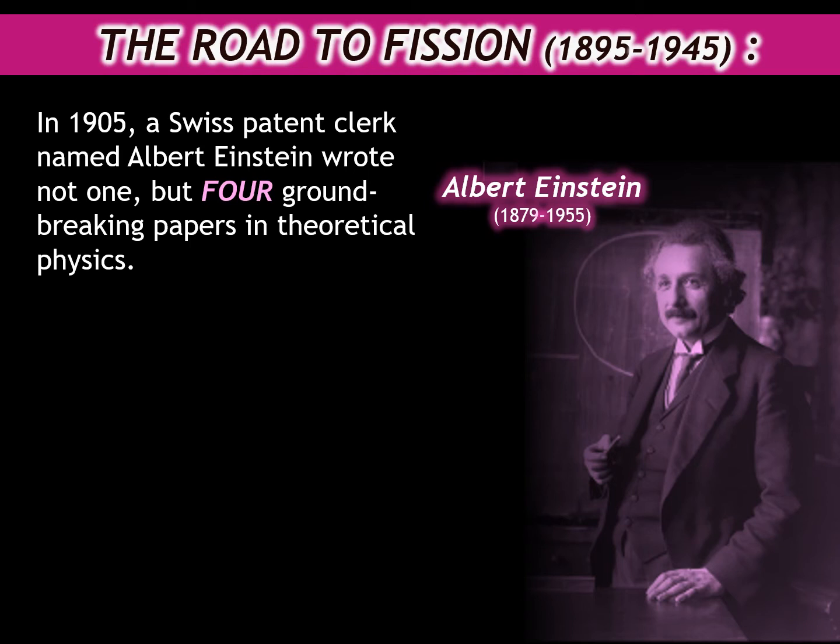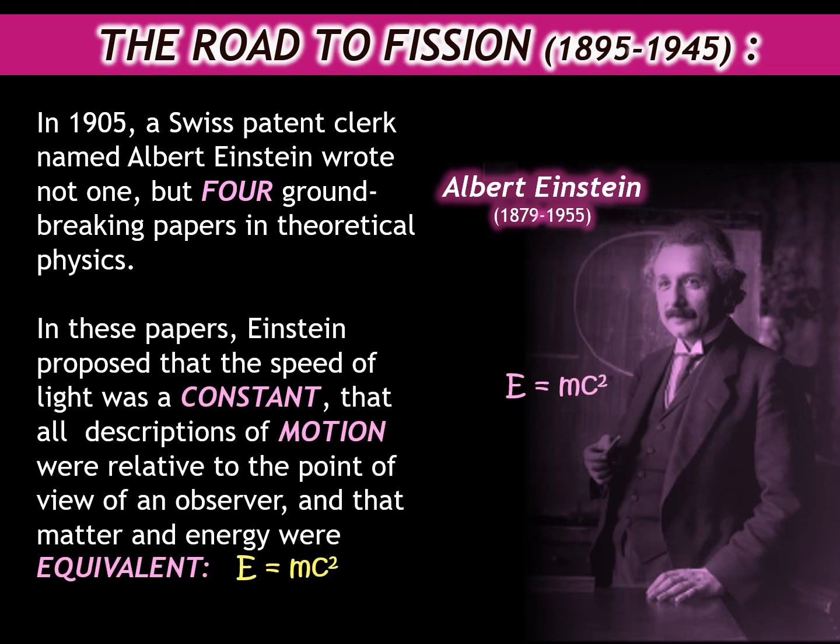But in the year 1905, he wrote not one, but 4 separate papers. In one of these papers, he proposed the speed of light was a constant. Wow. He proposed that all descriptions of motion were relative to the point of view of an observer, which is an idea that we now call relativity. And most importantly for this presentation, he claimed that matter and energy were related, that they were equivalent.